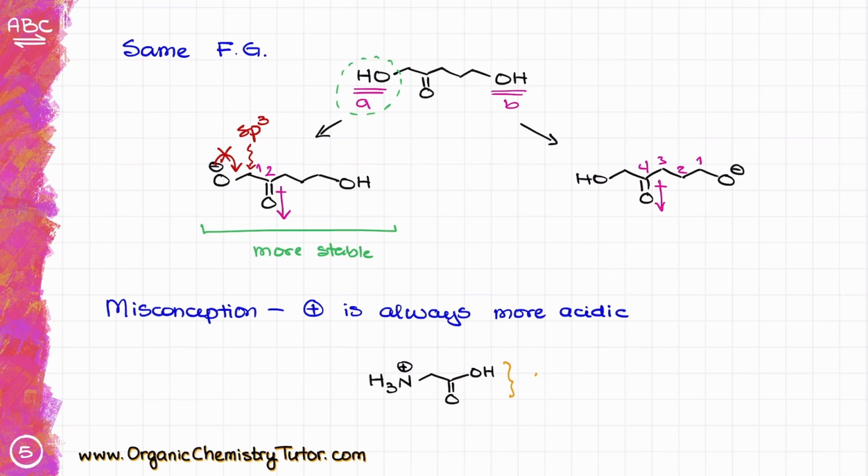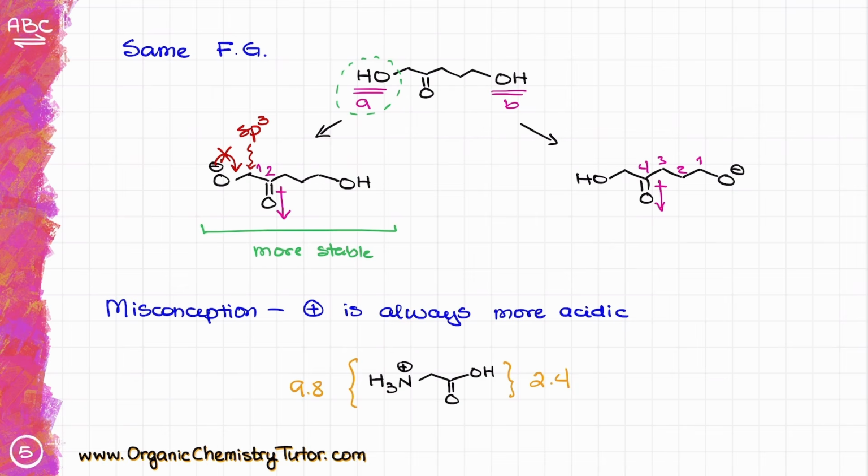This one happens to be at 2.4 because of the presence of the nitrogen next to it. The nitrogen on the other side, the protonated amino group, the typical pKa for those is somewhere around 9.5 to 10.5, and for this particular one it happens to be 9.8.